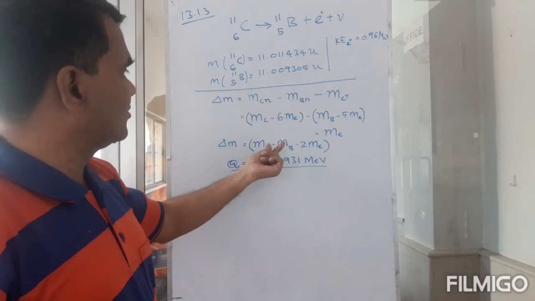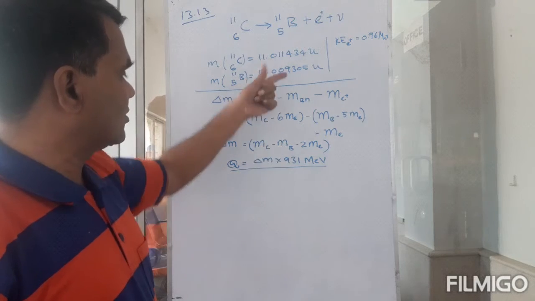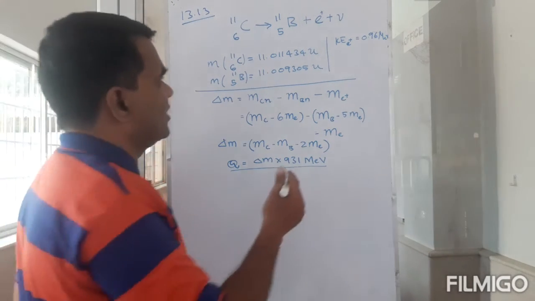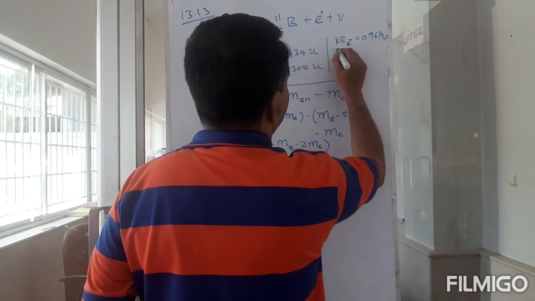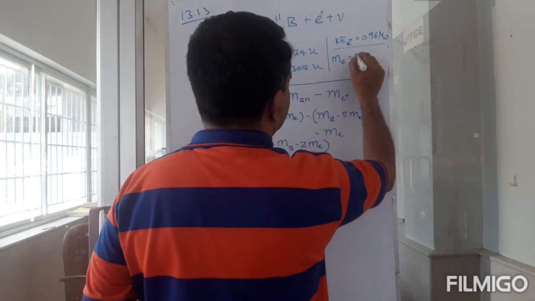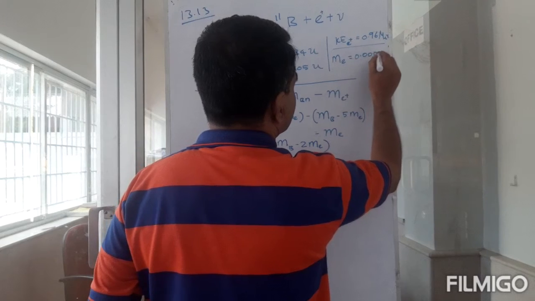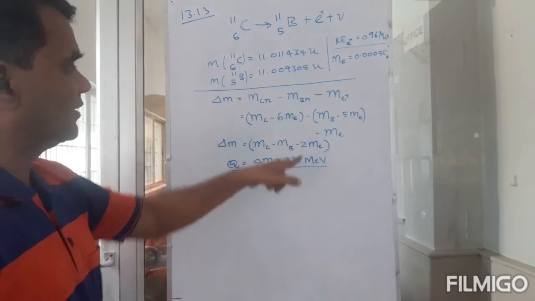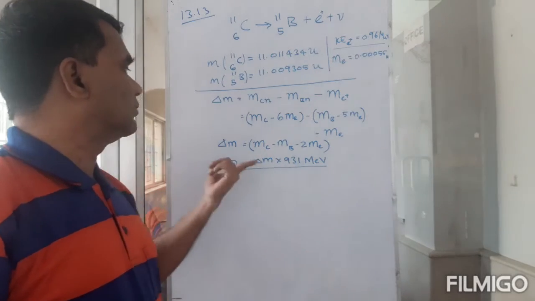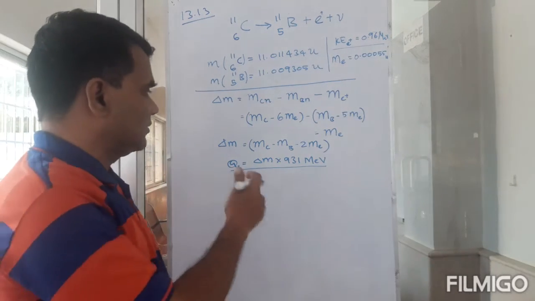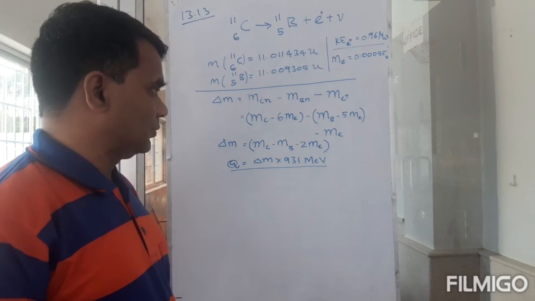MB is the atomic mass. You are getting atomic mass minus 2 times the mass of electron. So what is the mass of electron? I'll write that too: the mass of electron is equal to 0.00055 unit, right? So twice that. Subtract that also, then you get this delta M.